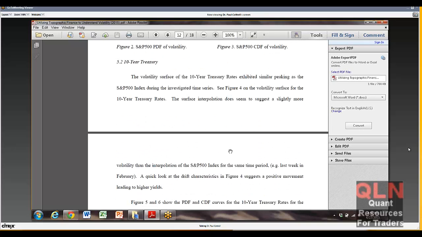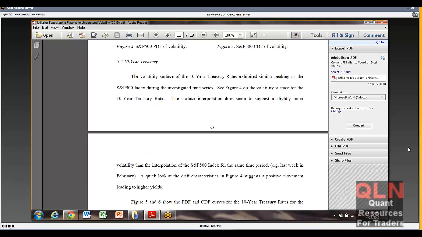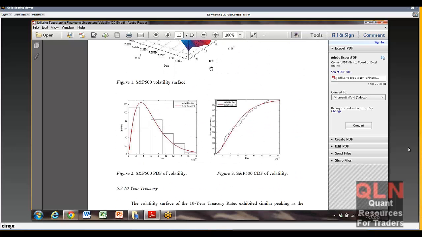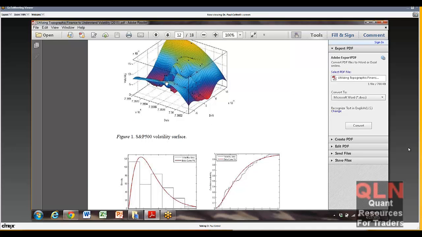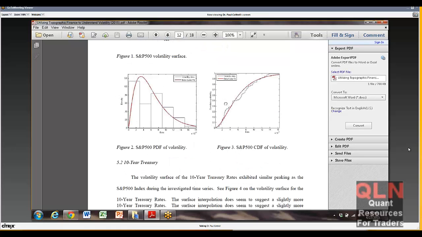While you have the S&P 500, it's a little bit more, I want to say, it comes down, up, and then comes down, but there's not an overall trend. It's almost flat, maybe a little bit downward, but more flat than this surface here.